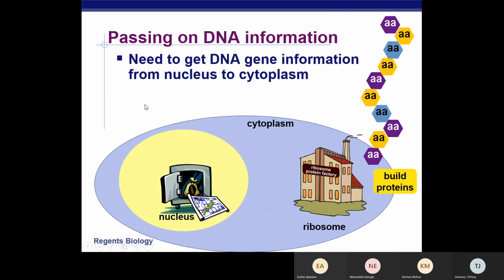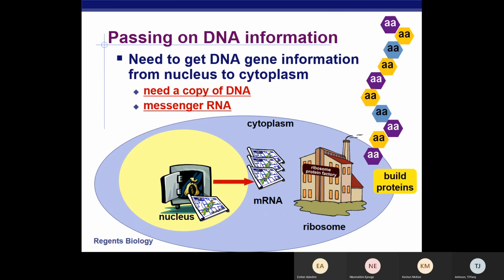So we've got to get the information from DNA in the nucleus out to the cytoplasm so the proteins can be built. So what we do is we copy that DNA into a molecule of what we call messenger RNA. And that's transcription.